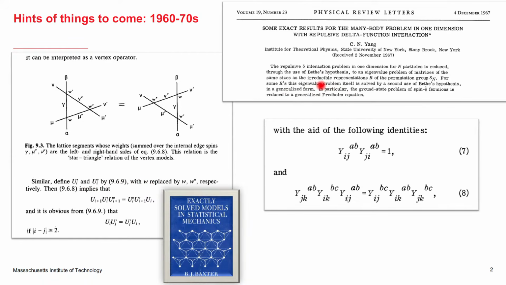And this is Yang's 67 paper, where he's trying to understand interactions of particles in a one-dimensional situation where the interaction has a delta function as the kind of potential. And there's the Yang-Baxter equation.